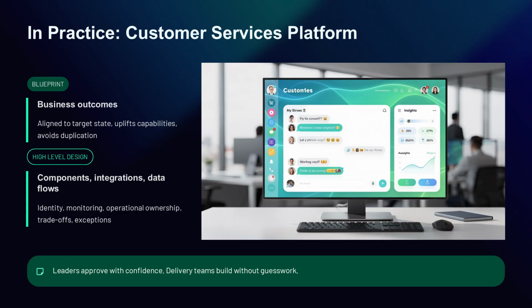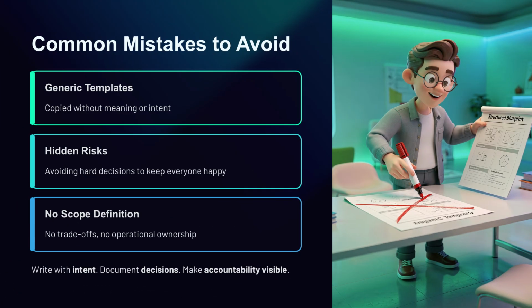When leadership reads these documents, they can approve the direction with confidence. When delivery teams read them, they can build without guesswork. As you close the lecture, you should recognize the common mistakes that make architecture documents weak and untrusted.